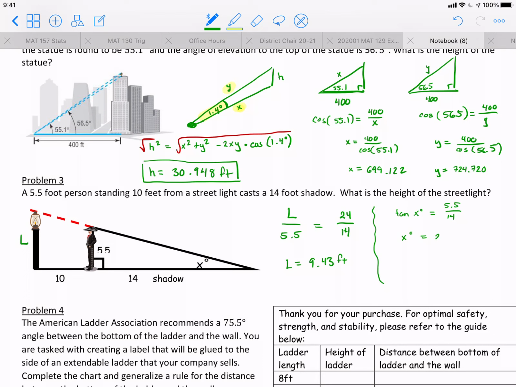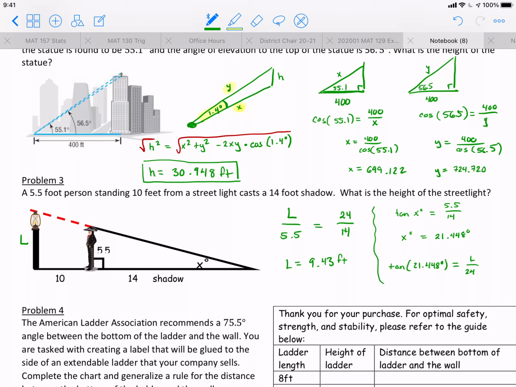So I get 21.448 degrees. And then we could now use that and say, okay, the tangent of 21.448 degrees is equal to the lamppost opposite over the 24, which is the length of the big triangle, right?